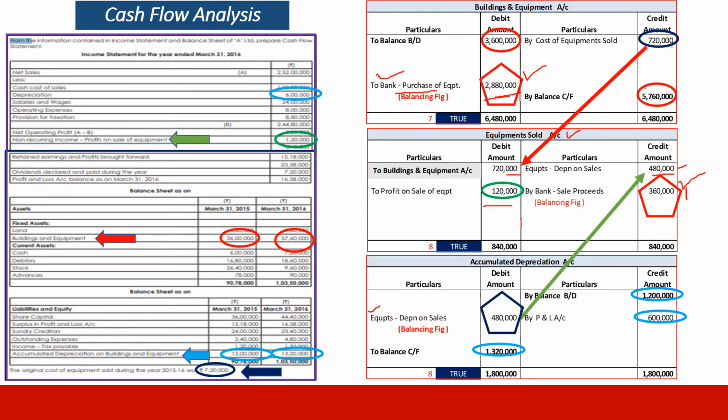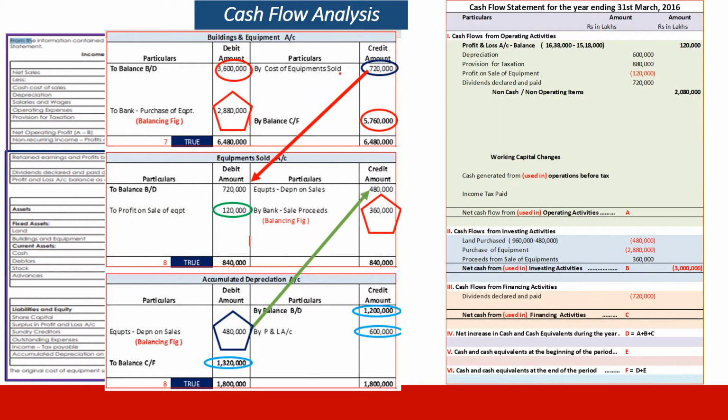These two items will go into cash flow, as one is an outflow: 28,80,000 is payment for purchases, and 3,60,000 is received for sale of building and equipments. The depreciation on the equipment sold is already shifted here. That way, we come back to the cash flow.